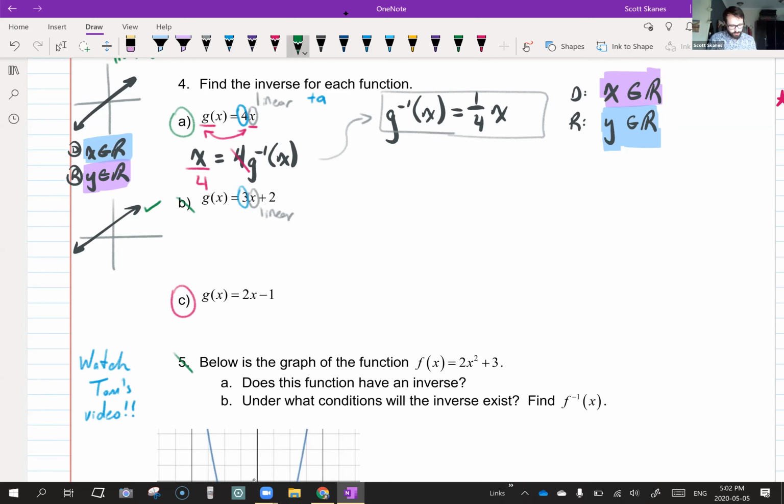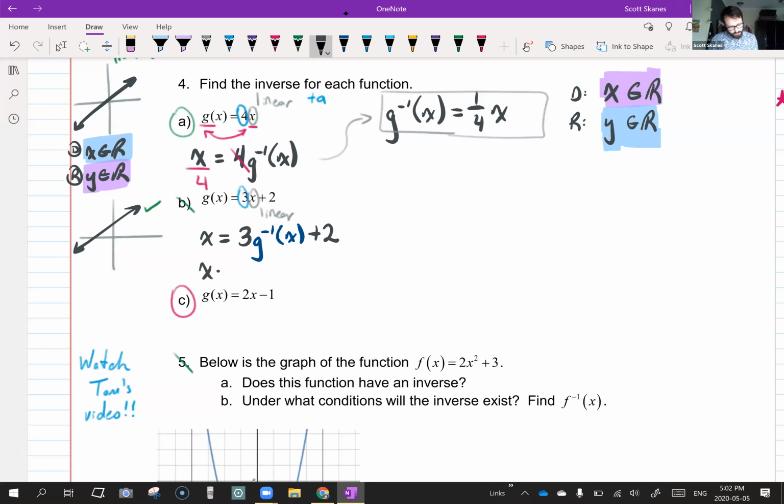And I'll show you the shortcut this time too. It's not really a shortcut, but I'll show you. Change X and Y. So X is now on the left. This is now 3 of inverse of G plus 2. And I need to solve for this, right? I'm solving for the inverse function. Bring the 2 over.